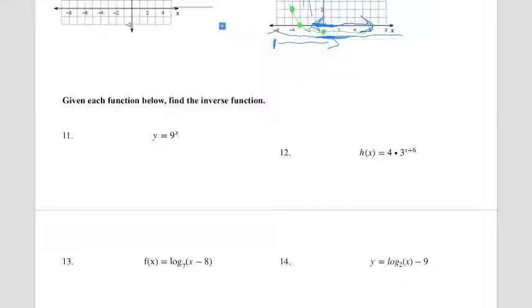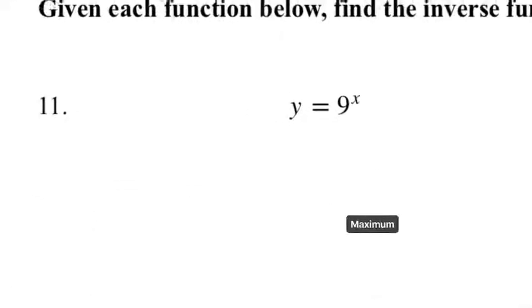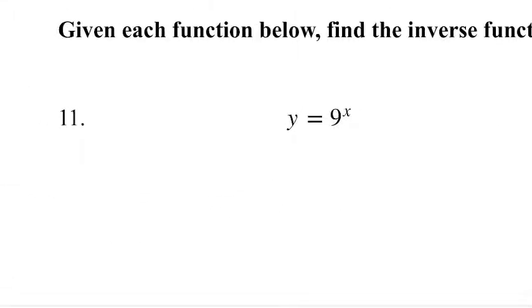So then we get to 11 and 14, where we have to find the inverse of a function. So we're not solving, we are just finding the inverse. When we're taking the inverse, we first have to flip the x and y, and then get y by itself. So let's do that. Instead of y, we have x equals 9^y. Now my next step is to get y by itself.